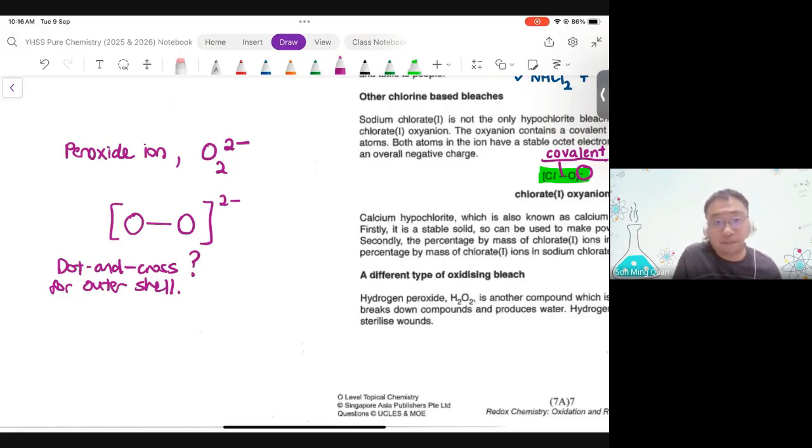I'll give you 3 minutes to try this out. Once you're done with the dot and cross, please send it to me so that I can take a look whether it's correct.